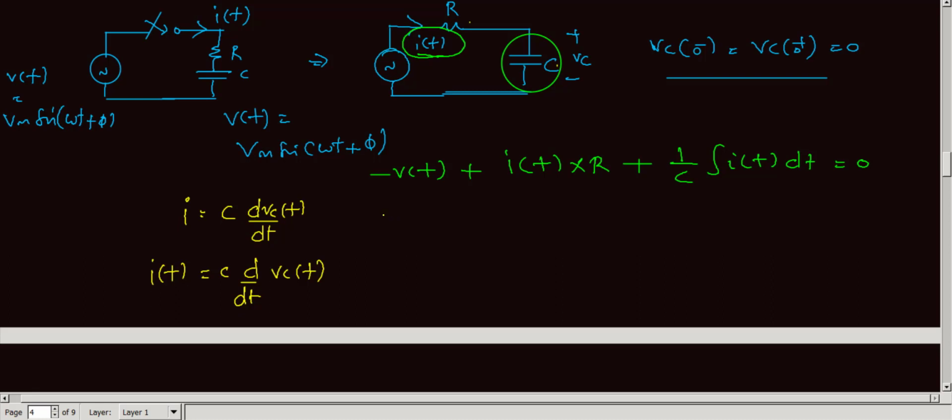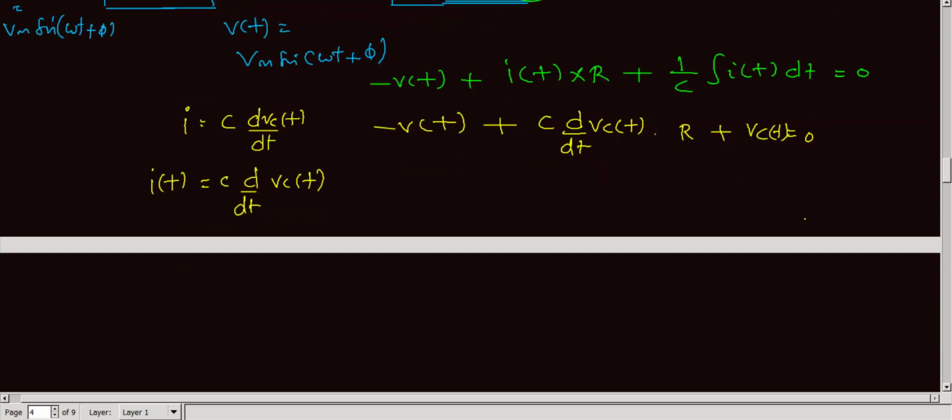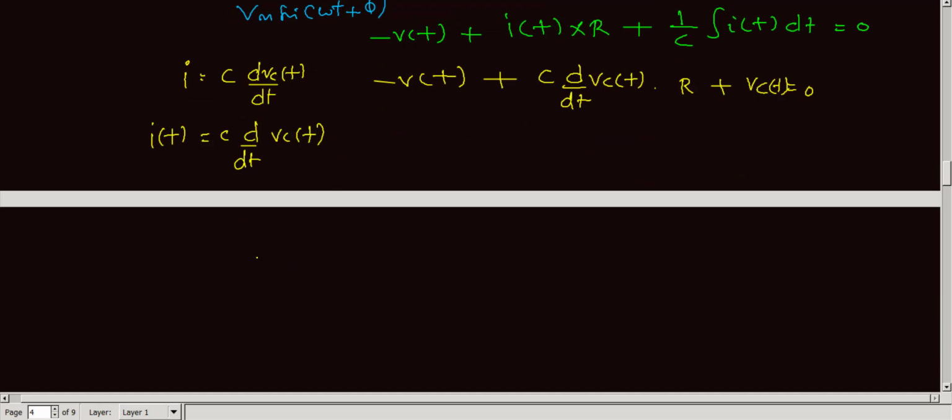I can write this equation as minus V of t plus I of t, which is C into d by dt of Vc of t, into R, plus Vc of t equal to 0. So V of t equals RC into dVc by dt plus Vc.